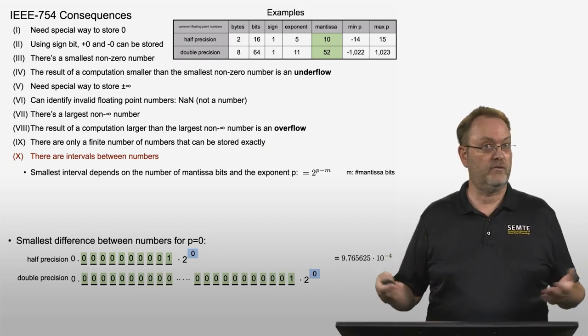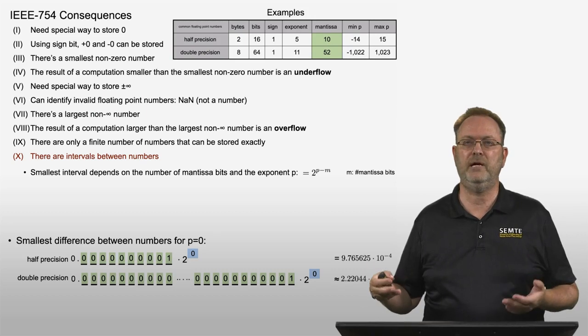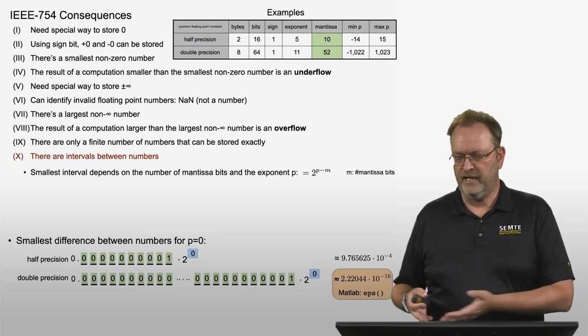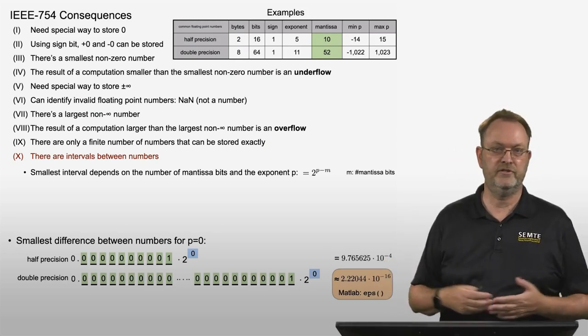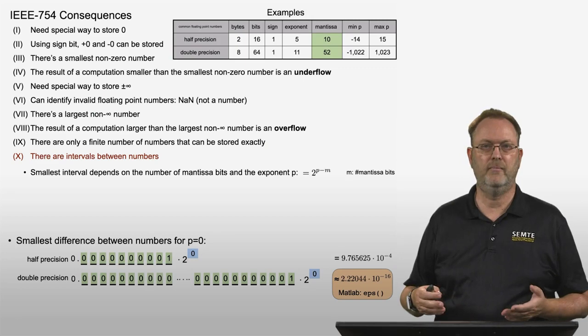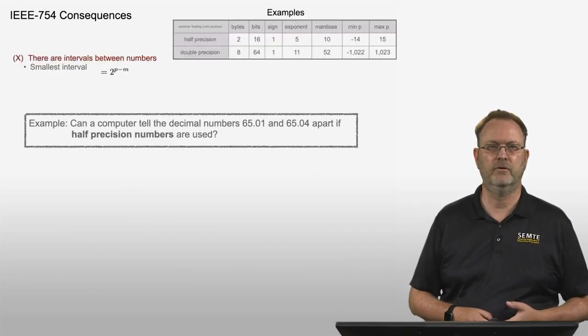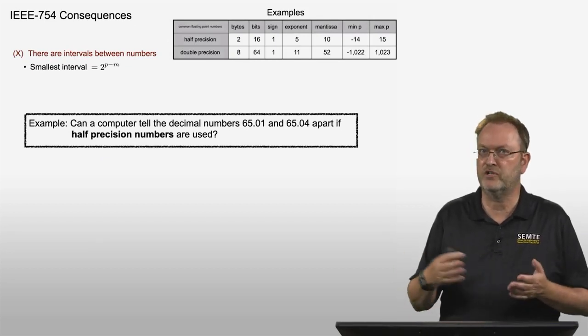If we're looking at order 1 numbers, that smallest difference is 2.22 times 10 to the power negative 16. And in MATLAB, you can get this number, the smallest difference between order 1 numbers, by typing in the command EPS.